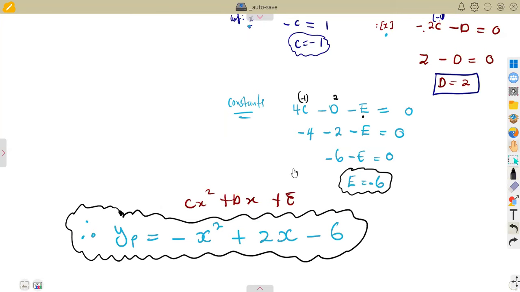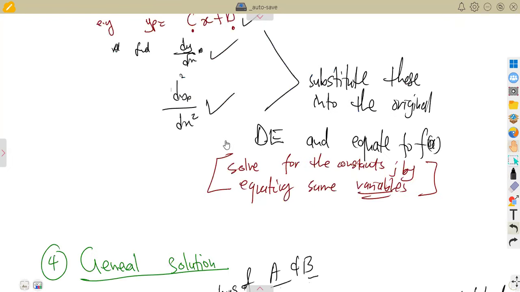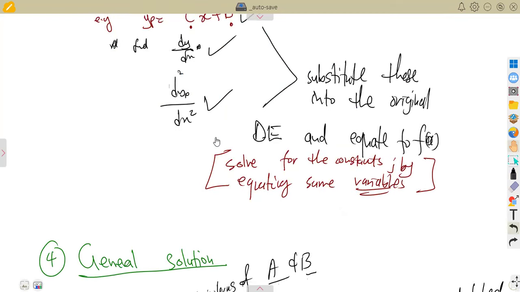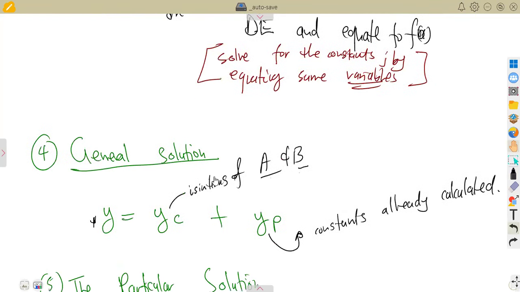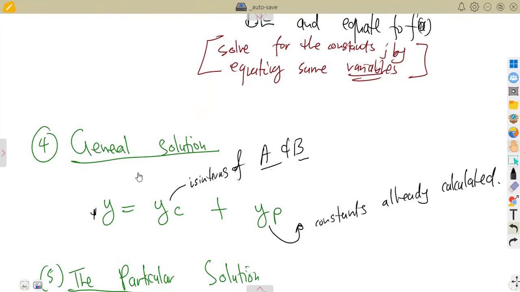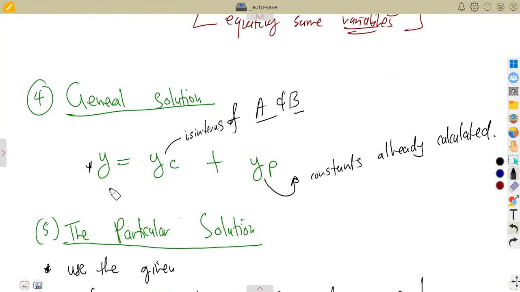So now that we have got the particular integral, and the complementary function is there, what are we going to have at the end? The general solution. Remember from our notes, the combination of these two gives us the general solution, which is y is equal to yc plus yp.